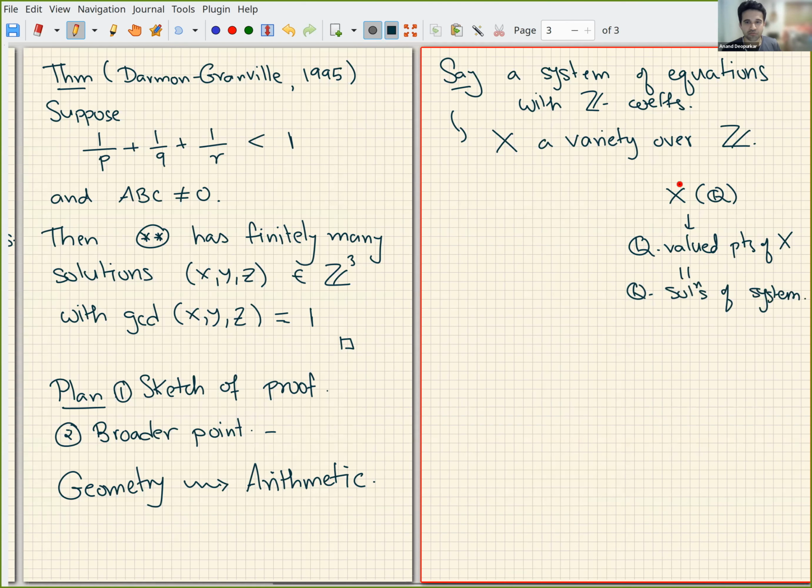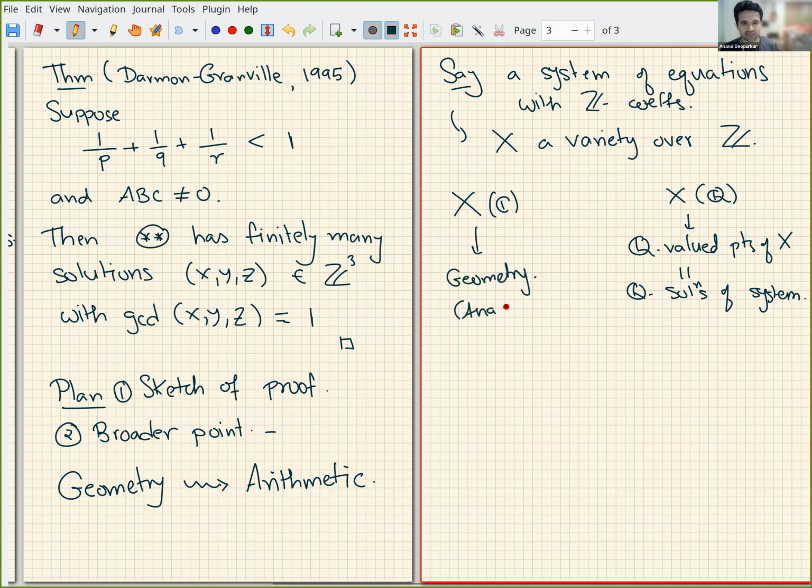So you're asking questions about the rational or integer valued solutions of X, but you have X in which you can plug in any ring or any field. In particular, you could take the complex points. And this has no arithmetic, but it has geometry. I mean, this has rich topology.